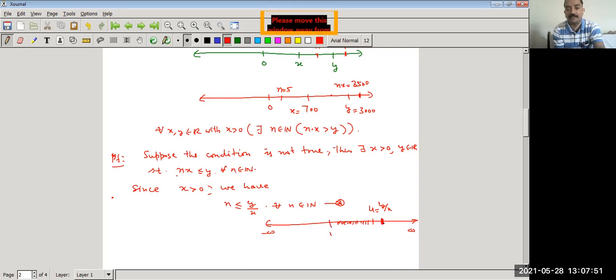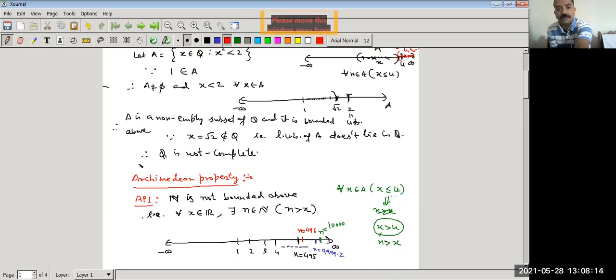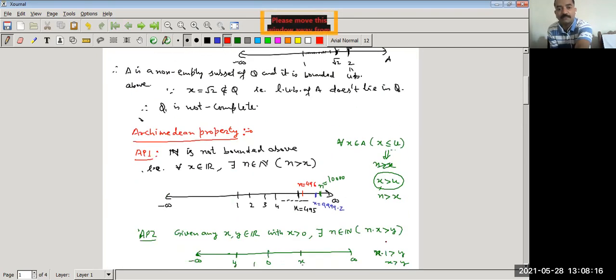It means y upon x is an upper bound of this set. We can write this in terms of quantifiers as: for all n belongs to natural numbers, n is less than or equal to y upon x, which is a contradiction to the first property, that N is not bounded above.